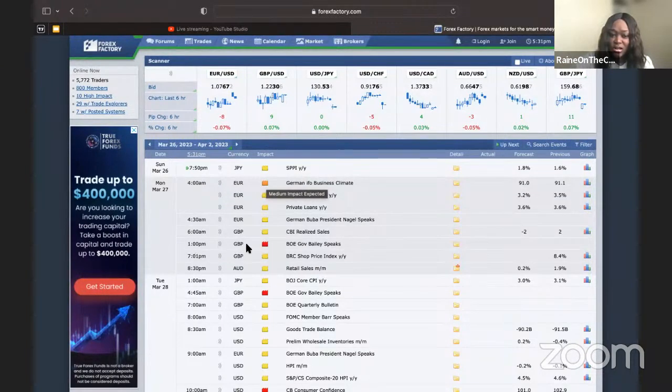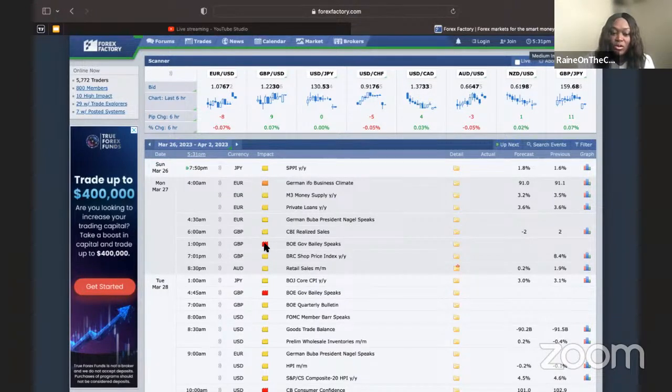There's a red folder on GBP at 1 p.m. and this is Eastern Standard Time. This is my time. When you log on to Forex Factory, you can set it to whatever time zone you are on. I have it on my time. So just in case anybody's confused, like, oh, but that's not the time. It's based on my time. Okay. So red folder. So for me at 1 o'clock tomorrow, I would not be trading GBP.